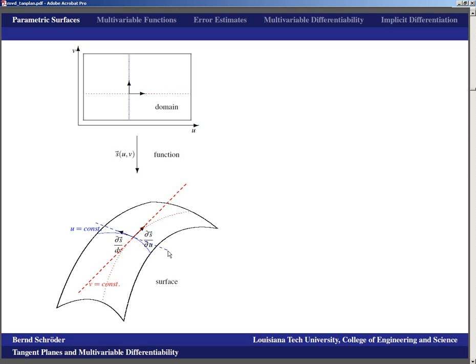The ds dv vector gives us a line that is also tangential to the surface, and these two vectors span this plane. So we can really see here that this plane ought to smoothly fit things.